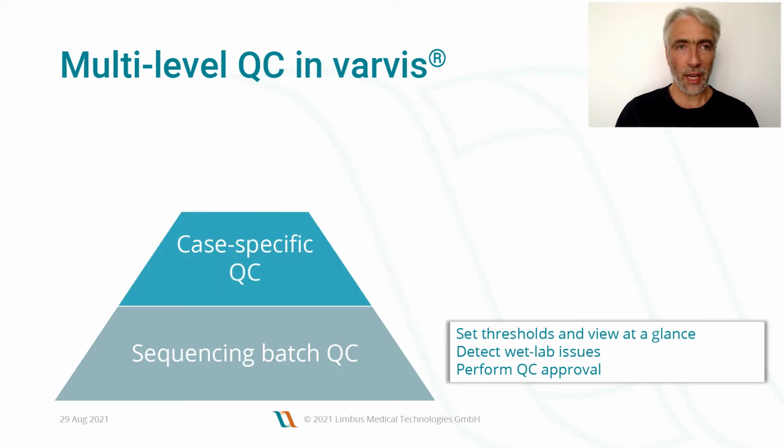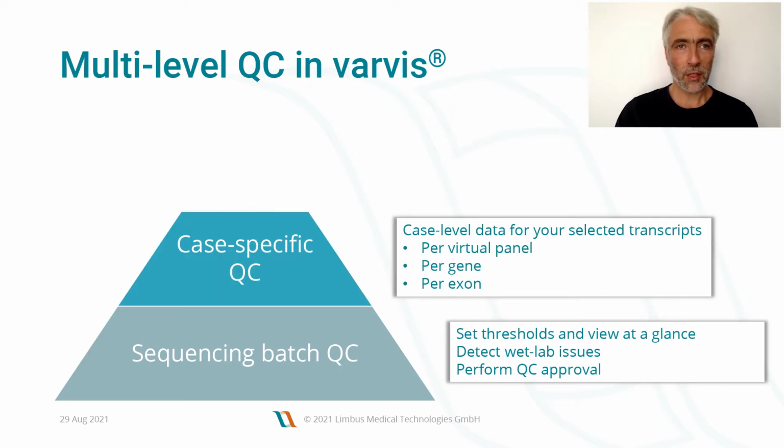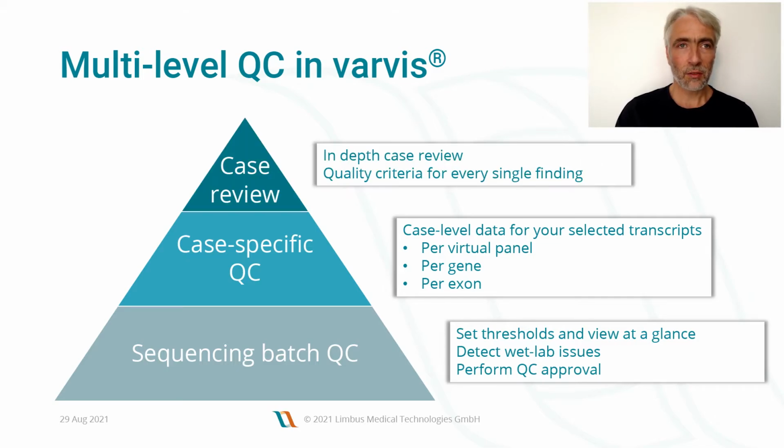There's another level, a case-specific level, where you can drill down from virtual panels down to genes or to the exon level and review quality-related data. But you also have quality metrics related to every single finding. And all these data are stored in the varvis database and can be monitored over time.